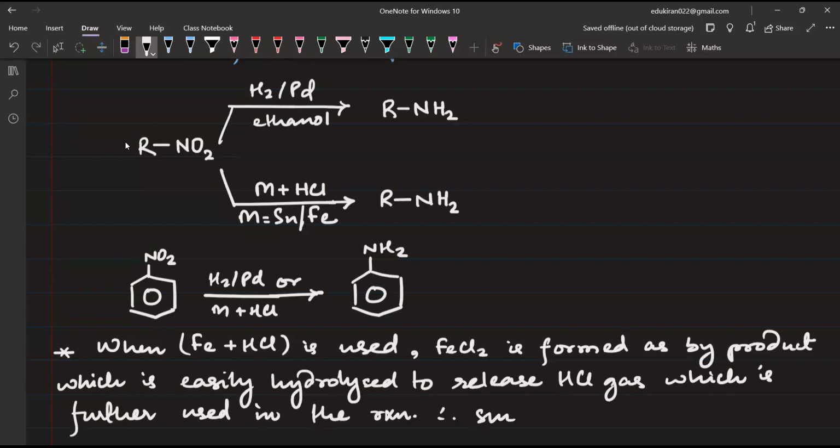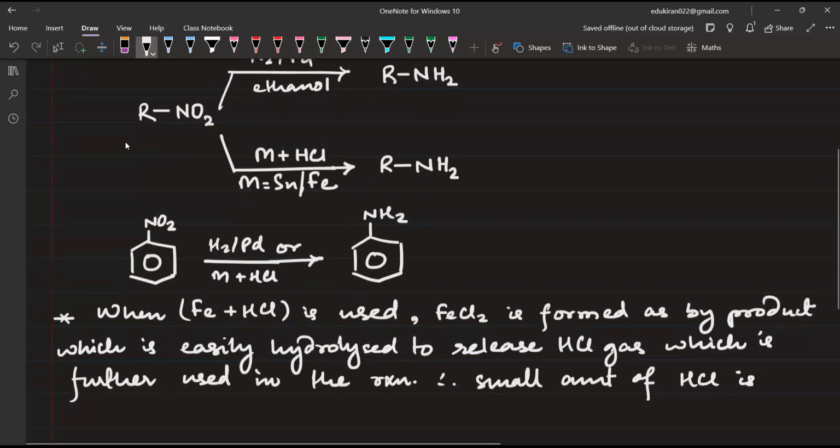Therefore, a small amount of HCl is required.